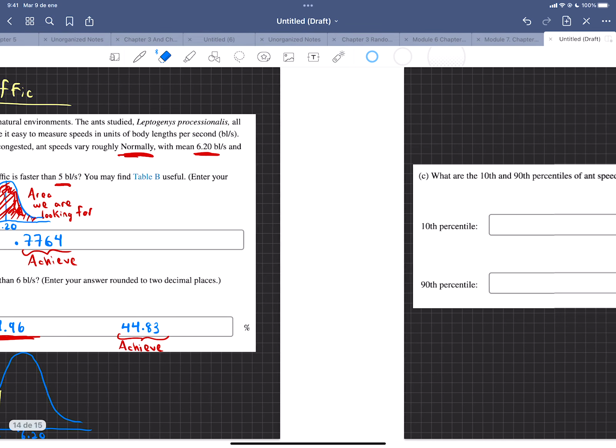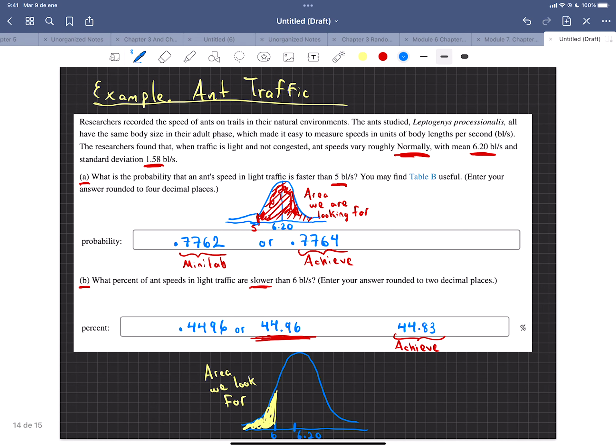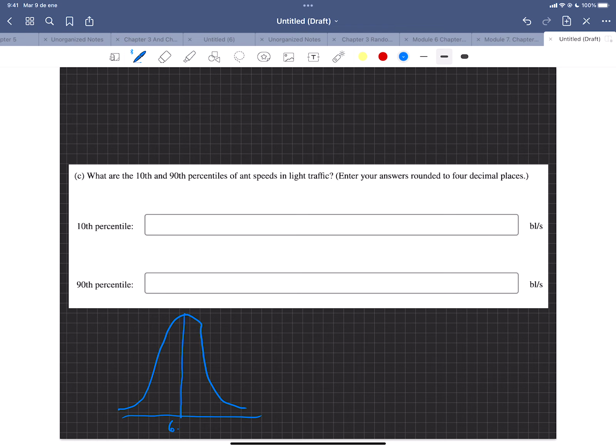There you have. Finally, what are the 10th and 90th percentiles? 10th percentile means this. Again, draw a normal curve. The mean 6.2 is in the middle.